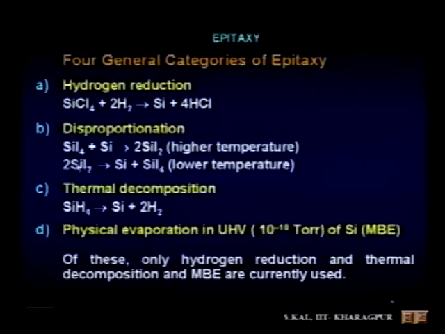And the second is disproportionation. There we use iodides of silicon: SiI4 plus silicon gives 2SiI2 at higher temperature, which again decomposes to silicon and SiI4 at a lower temperature. So, this is a 2-step reaction.